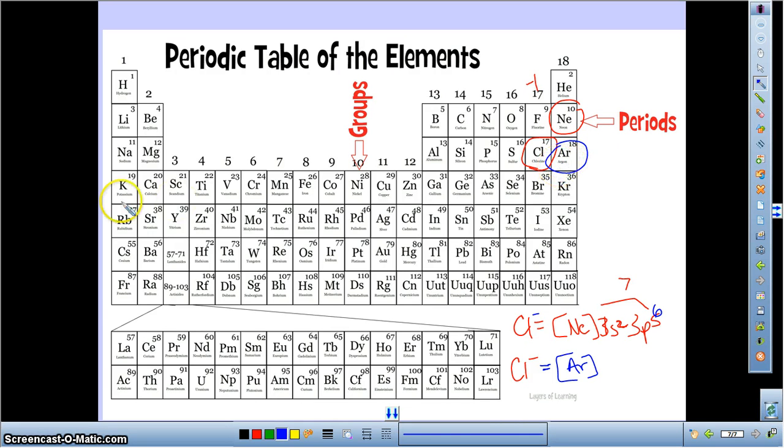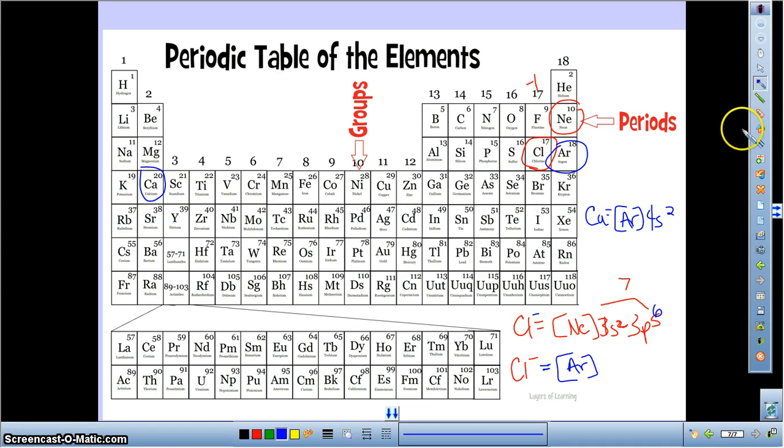On the other hand, the metals become like the noble gas before them. So let's pick on calcium, for example. The electron configuration for calcium is going to be argon 4s2.